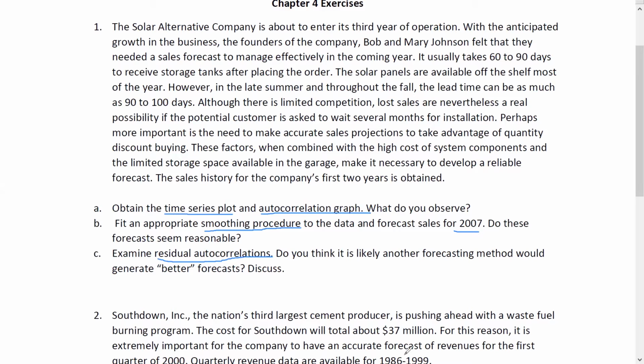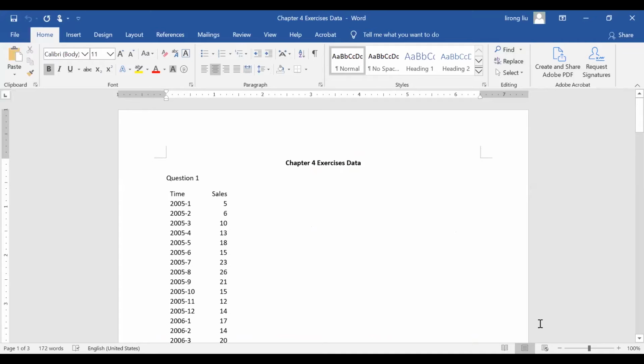And we want to, first of all, copy the data from the Word file and paste it to Minitab. So let me show you one more time this process. So I'm gonna open the chapter 4 exercise data, which is shown here.